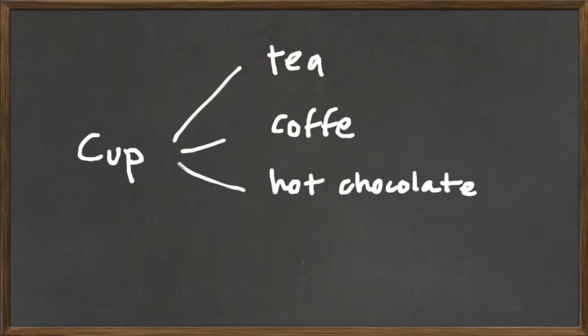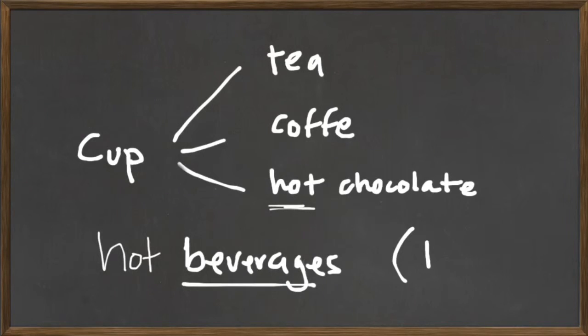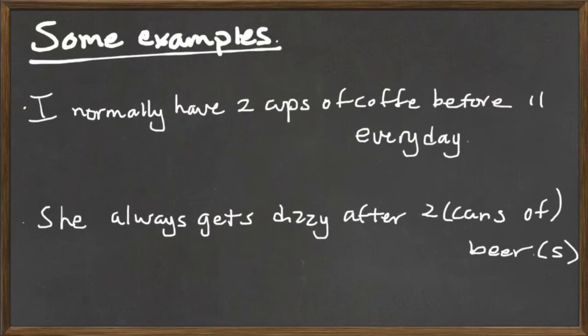Now we have cup. We can say cup of tea, cup of coffee, or cup of hot chocolate. As a hint, cup is normally used for hot beverages. And don't forget that the word beverage stands for drink. However, beverage sounds a little more formal than just drink.